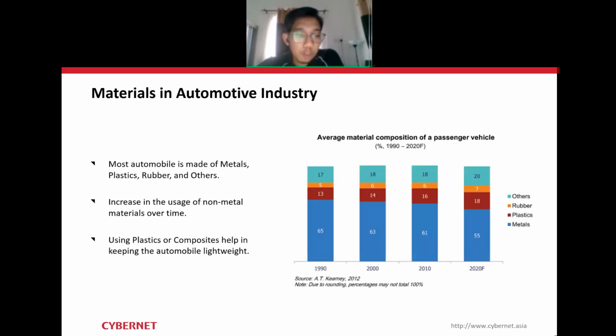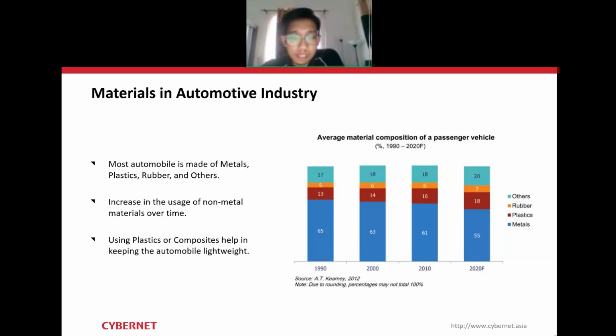Generally, any vehicle or automobile is made of metals, plastics, rubbers, and others, something like composites, for example. According to statistics over time, non-metal material classes have gained more and more popularity in the automotive industry. This is mainly due to the ever-developing material science and material technology.